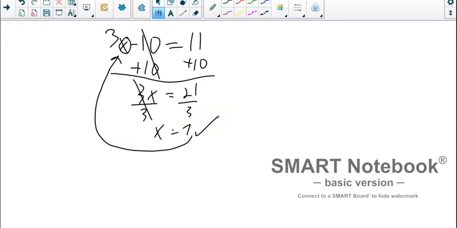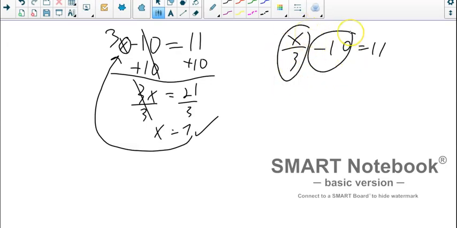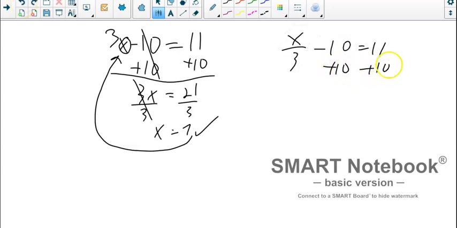All right? Now, we could have a very similar problem, except x over 3 minus 10 equals 11. Well, still, according to PEMDAS, order of operations, this would still be done first, and this would be done second. Therefore, we're going to get rid of the 10 first, working backwards.